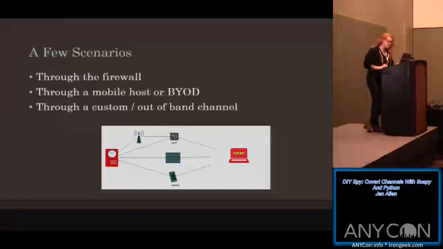So first of all, we've got our compromised host, the sad face on the left, and then we've got Eve on the right, waiting for the covert, either a full covert channel or maybe exfiltration of data. And typically we would be going through a firewall, right? So that's the least desirable situation, because that's where a lot of egress analysis is going to be occurring, signature detection in the environment, in a lot of networks. So if we can avoid that, that would be ideal.